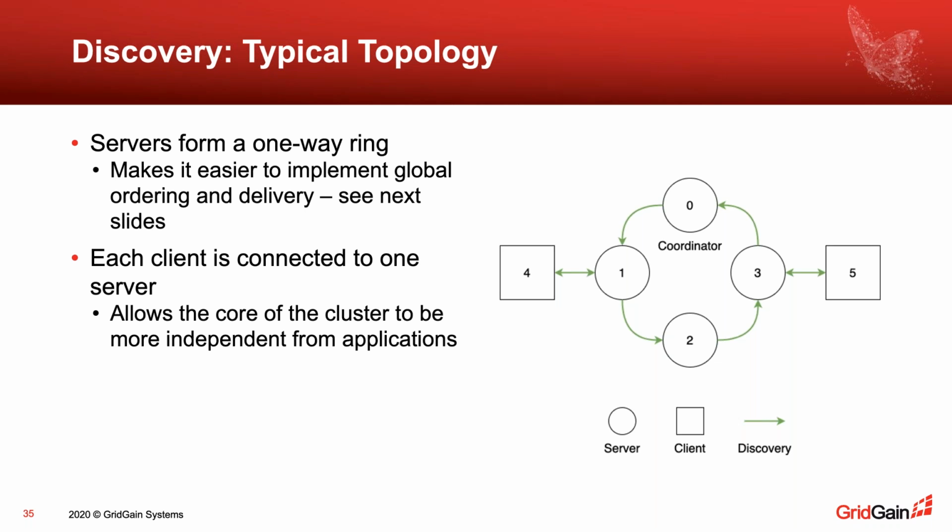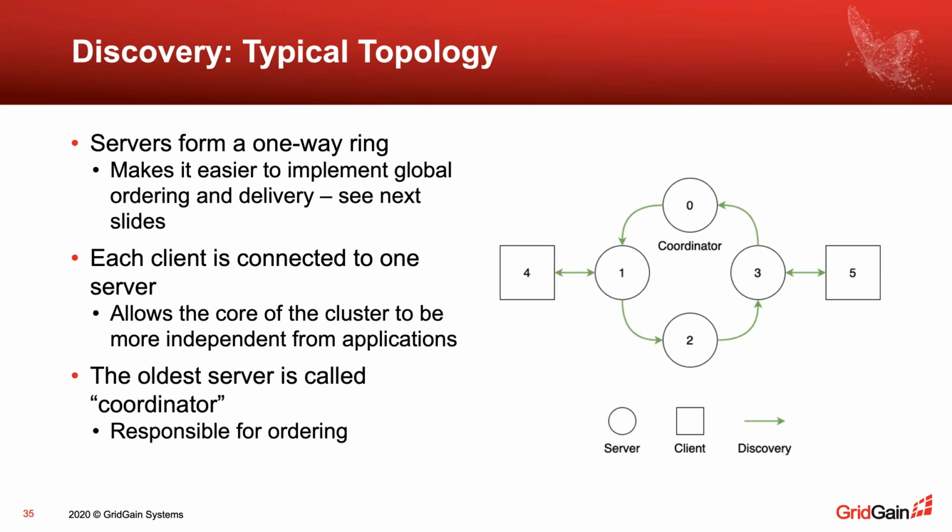And I will not talk in too much detail about the topology, but the complexity of the topology is required because this is what helps us to ensure the ordered processing, and this is what helps us to reliably deliver the system events.